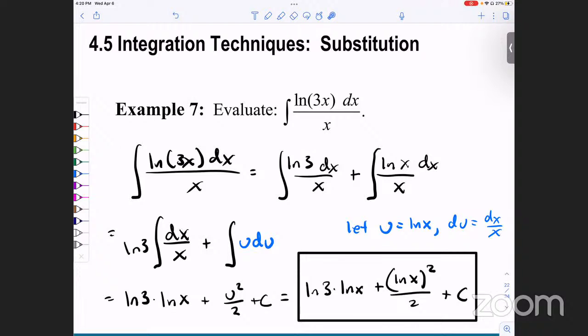You just got to keep up with the algebra, right? But that 3 was kind of throwing me for a loop, so I split it. It became the natural log of 3 plus the natural log of x. Let me see, can we do that? And then this. So then that natural log of 3 goes in front. This integral becomes u squared.